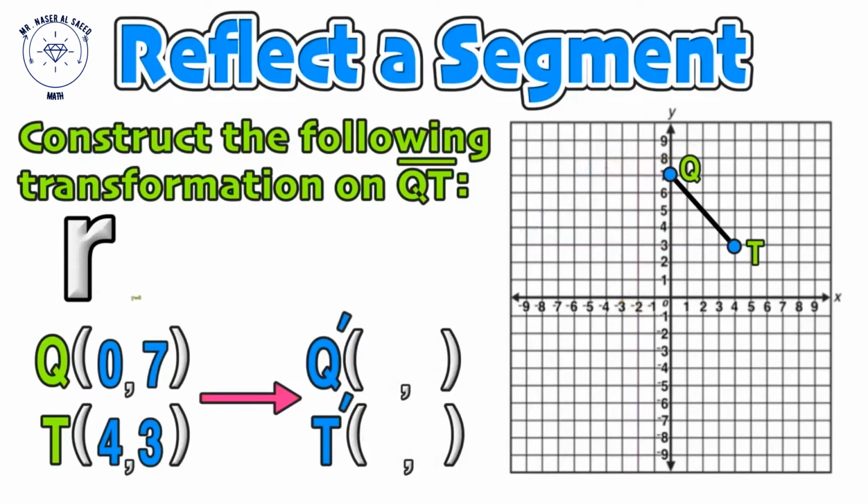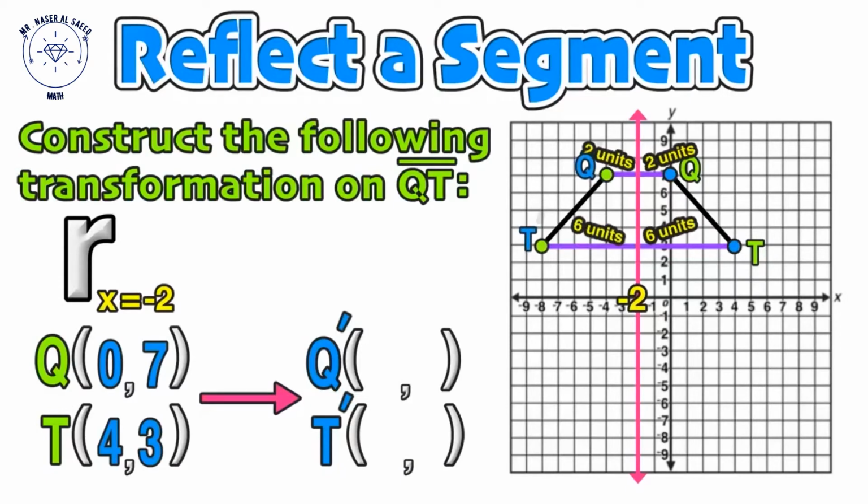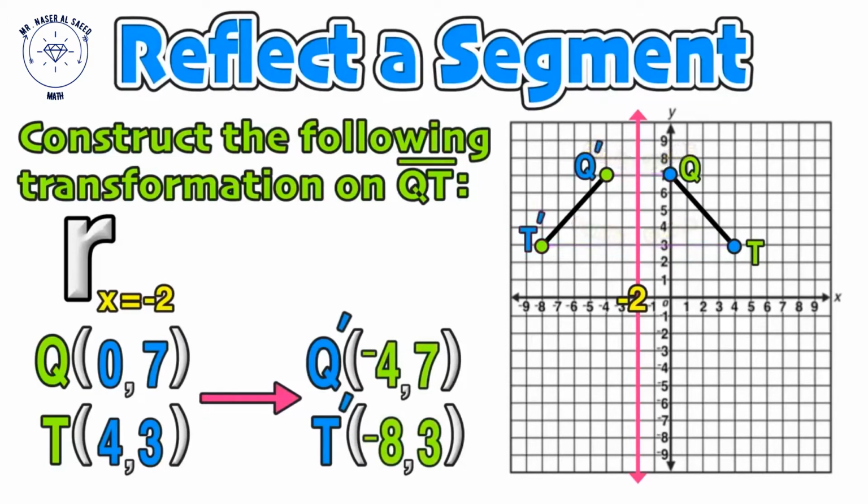Now we can construct the image of the reflected line segment. Q prime has coordinates (-4, 7), and T prime has coordinates (-8, 3).